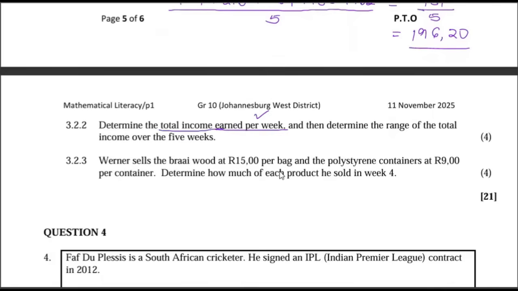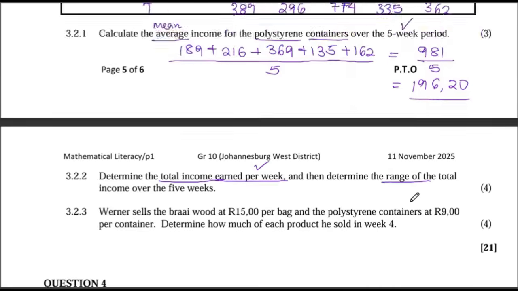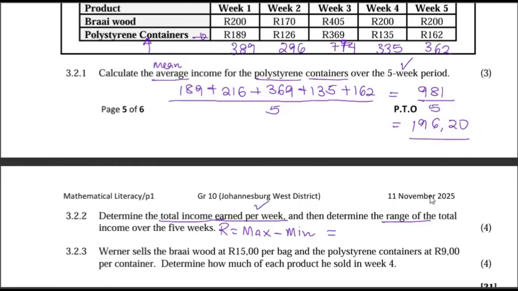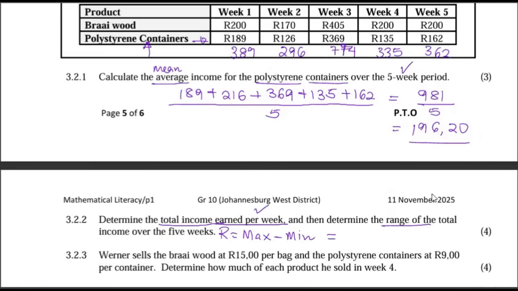So they go ahead and say, determine the range of the income. So the range among the values that you've just got. Remember, range equals the maximum, which is the biggest number, minus the minimum, the smallest value. So in this case, what's the maximum? 774, when you check here very well.